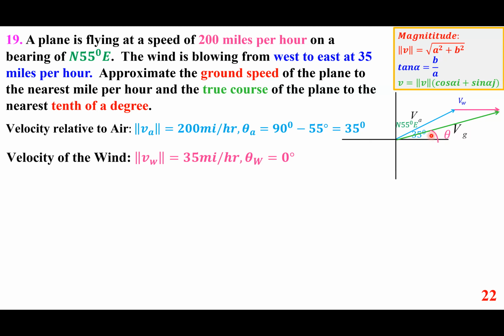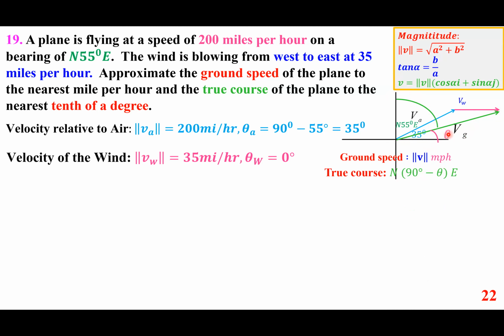If this angle we call theta, and this is the velocity with respect to the ground, or the true course, then this angle must be found, and then we have the magnitude, that is the ground speed, and the true course would be going this way, north 90 minus theta east.